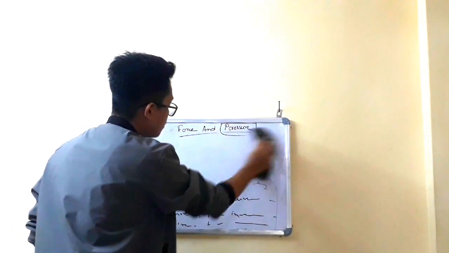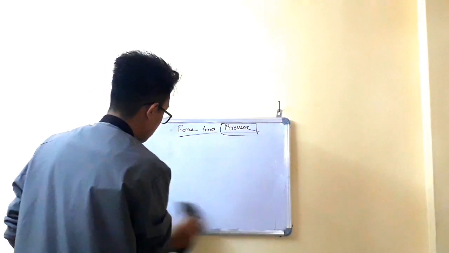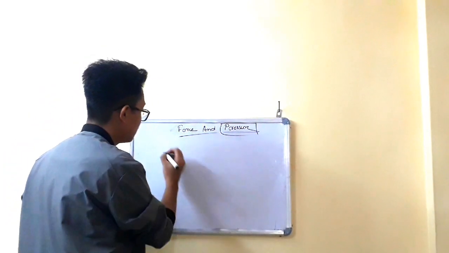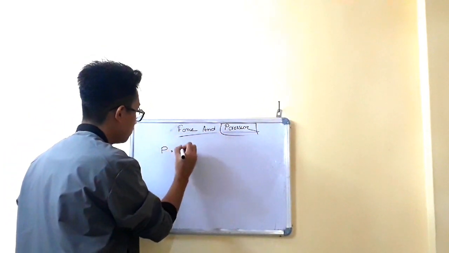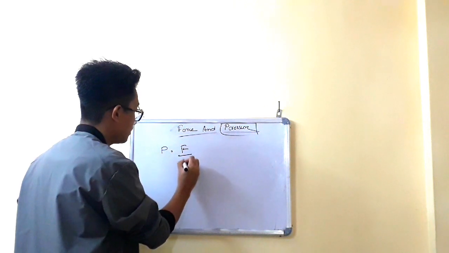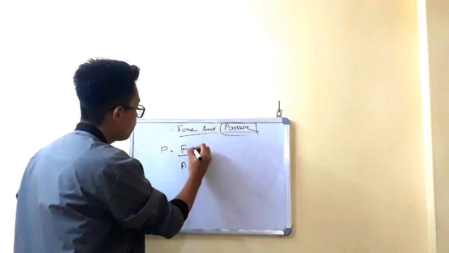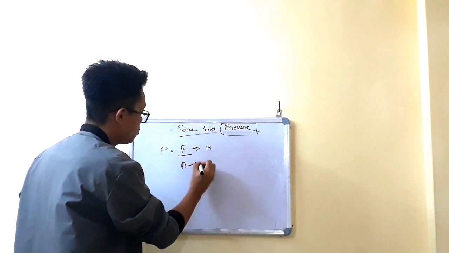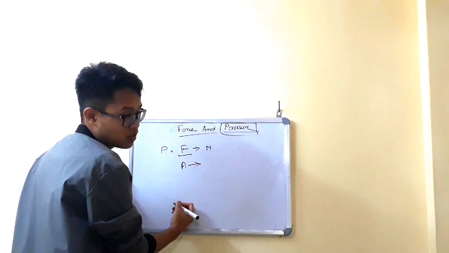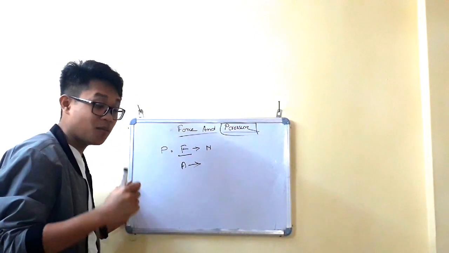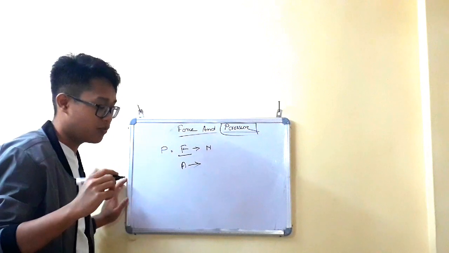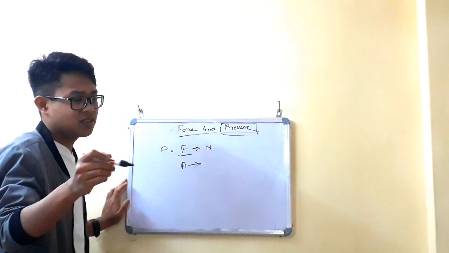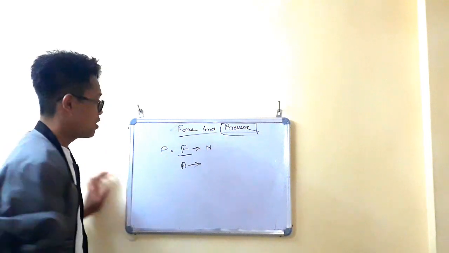So what can we learn from here is the unit of pressure. How can we measure the pressure? It's very easy. Pressure equals force by area. The unit of force is Newton. We have all learned the unit of area in square: centimeter square or meter square, right?